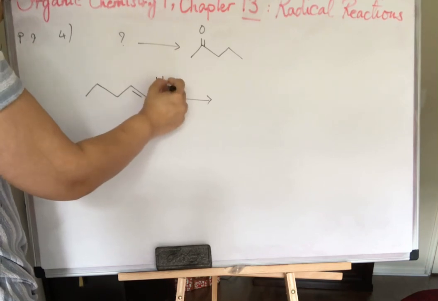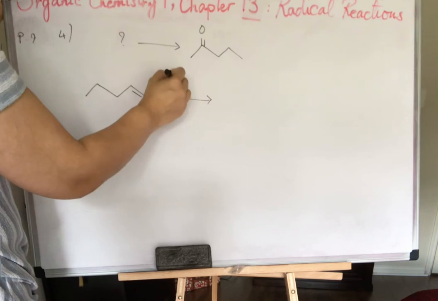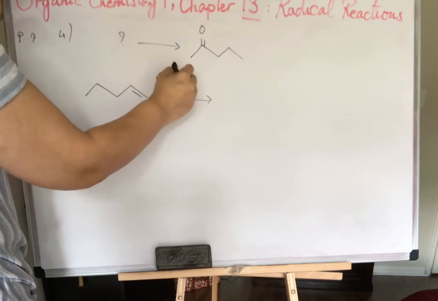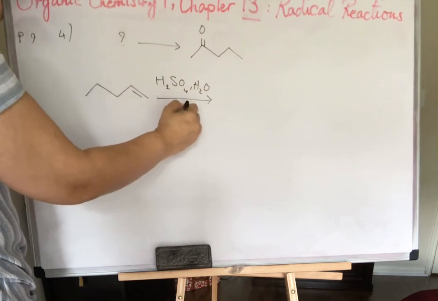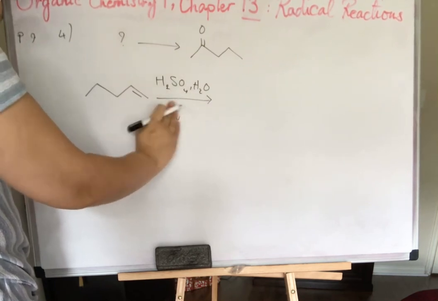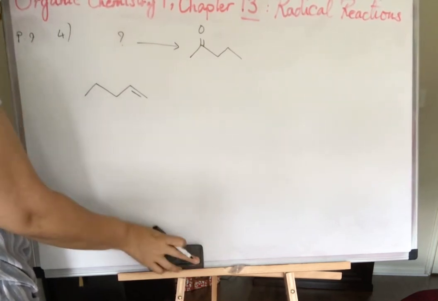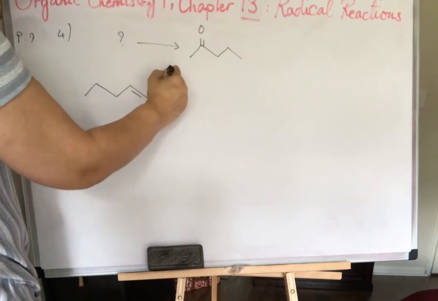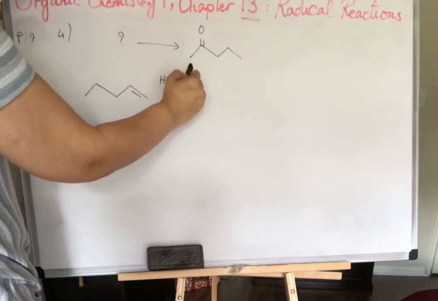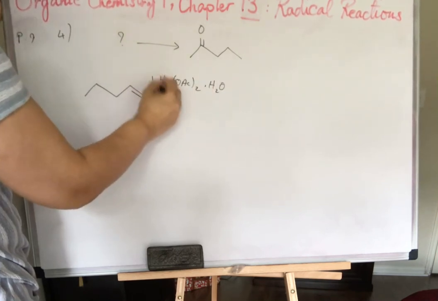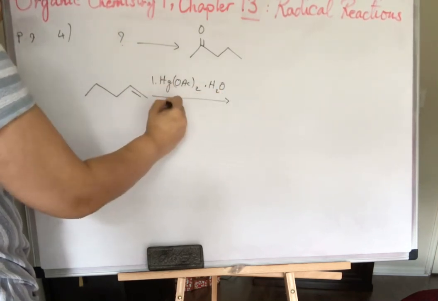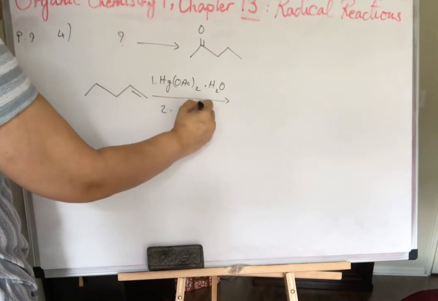So you add H2SO4 and water. I'm sorry, it's again Hg(OAc)2 in water, oxymercuration, demercuration.